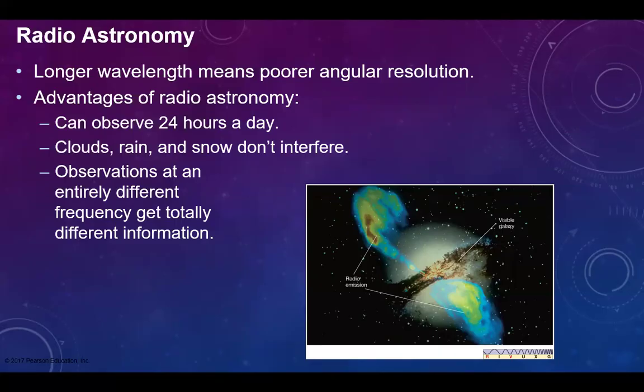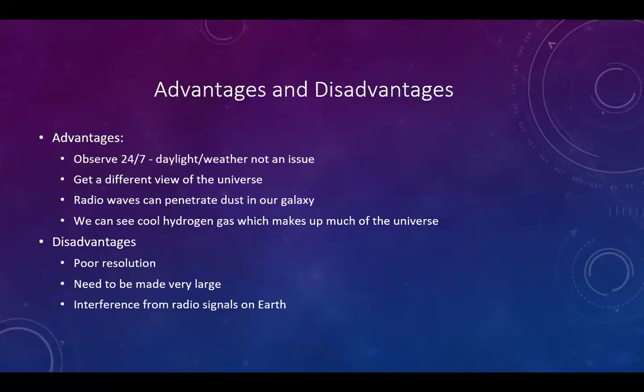So here's an active galaxy, and here are the streams of material being spit out of the center of that galaxy that you can only really observe in radio waves. So we can observe 24/7, and we get a different view of the universe.